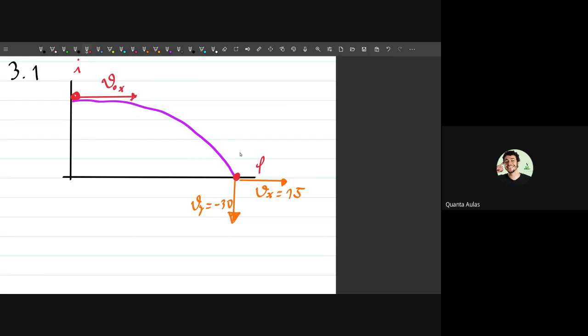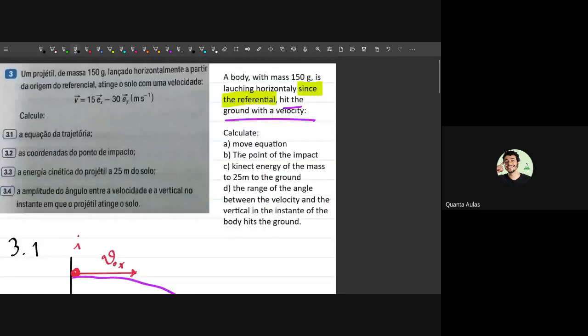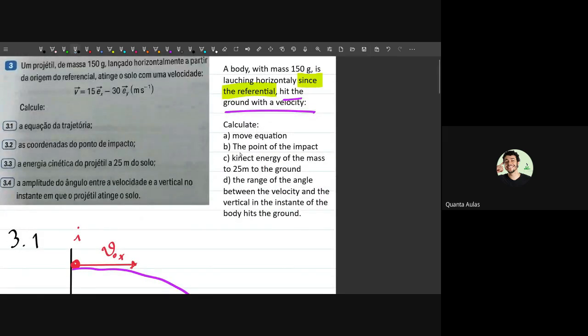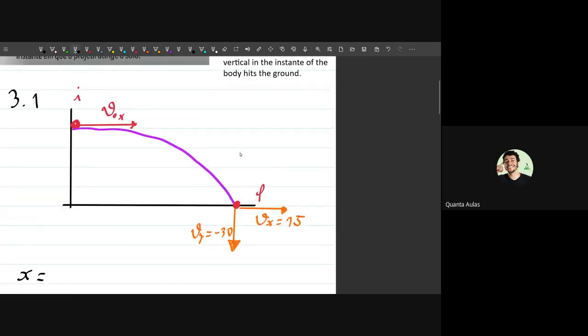So I will not draw this here. I will only write the equations now. I will first write the x equation. Here, they say something about the referential. It's a little strange to us, but the referential is here, okay? In this point. This is the referential.